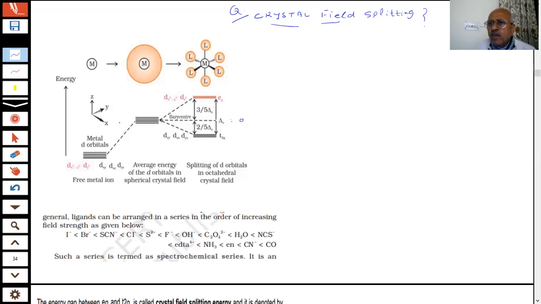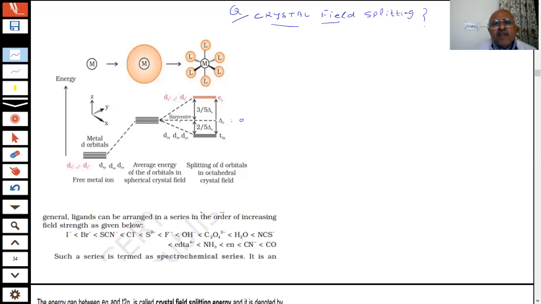We have already shown you their shapes, because we wanted to show you why the splitting takes place. Because the interaction is different. The repulsive forces in the field experienced by the two set of d orbitals and the other three set of d orbitals are not the same. Therefore, they get split up.